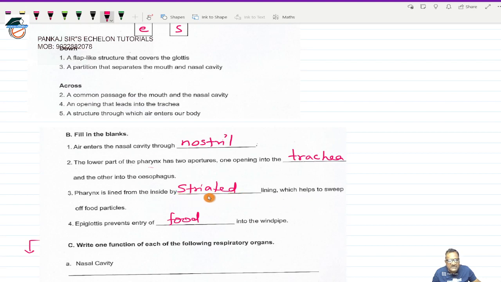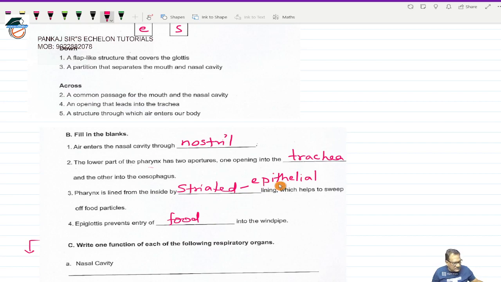The answer is not just striated, it is striated epithelial lining. So I have to add striated and then epithelial, epithelial lining. This is what I wanted to mention.